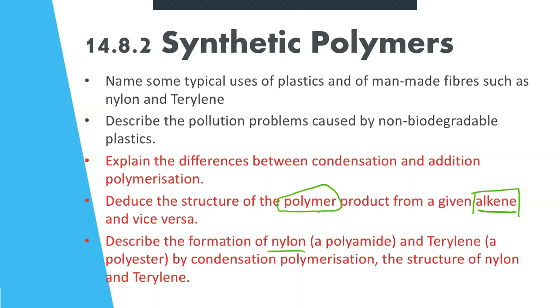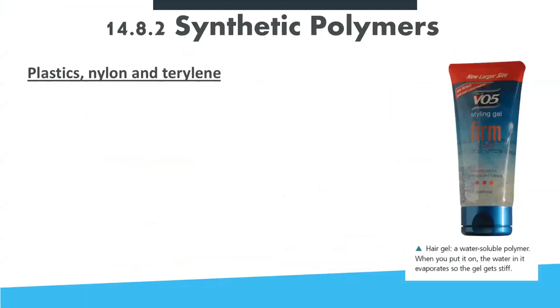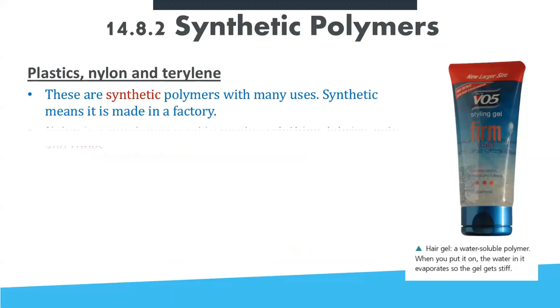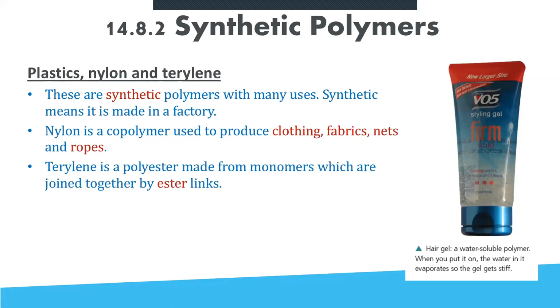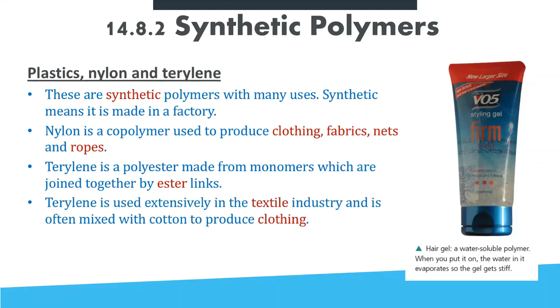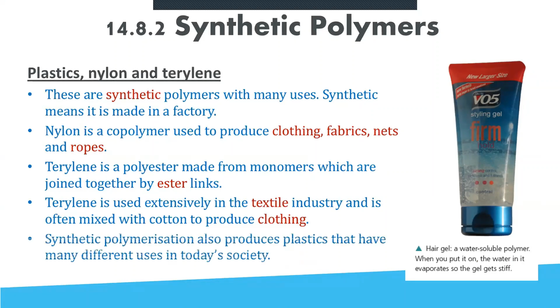Some examples are nylon and terylene, whose structures we need to learn to draw. Most synthetic polymers are factory made, used in clothing, fabrics, and the textile industry. These are just a few uses of synthetic polymers.